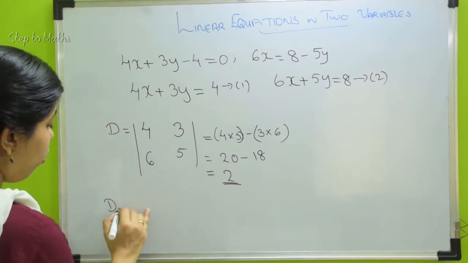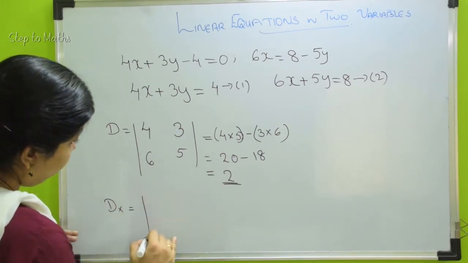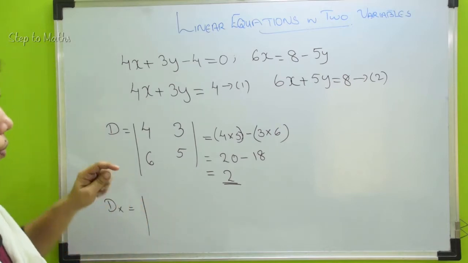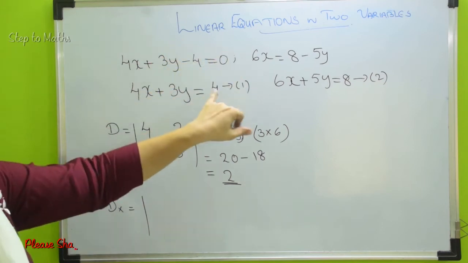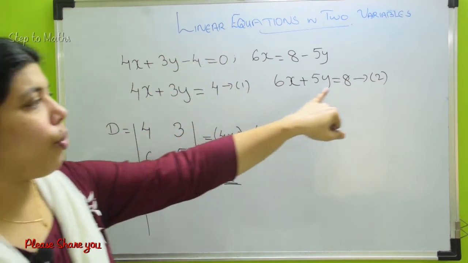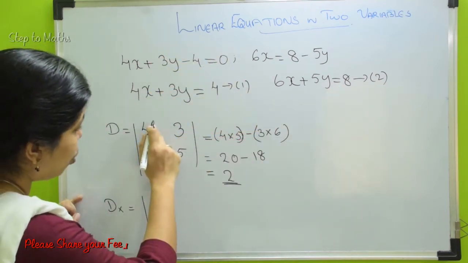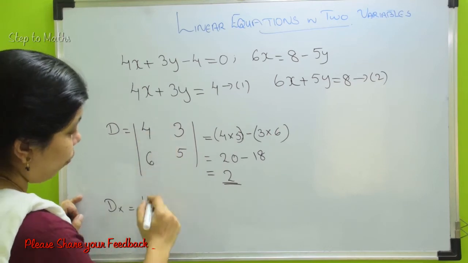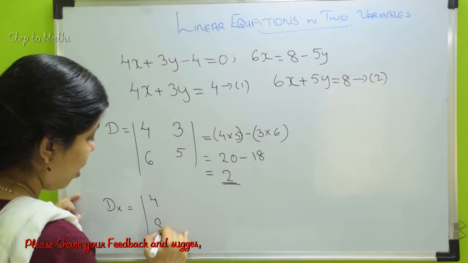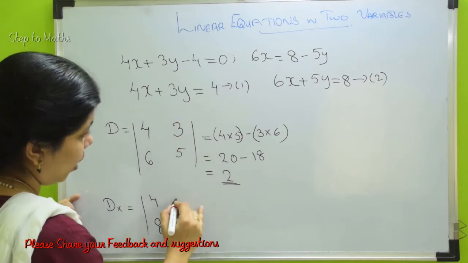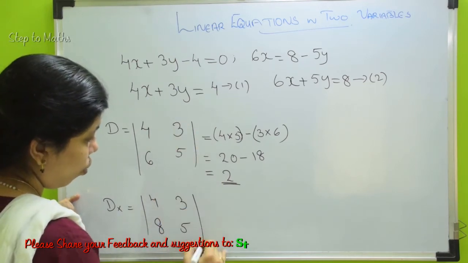Now find the value of Dx. How can we find the value of Dx? For that, we have to replace the coefficients of x by the constants. Here the constants are 4 and 8. So instead of the coefficients of x, we write the constants 4, 8, and the coefficients of y are the same, 3, 5.